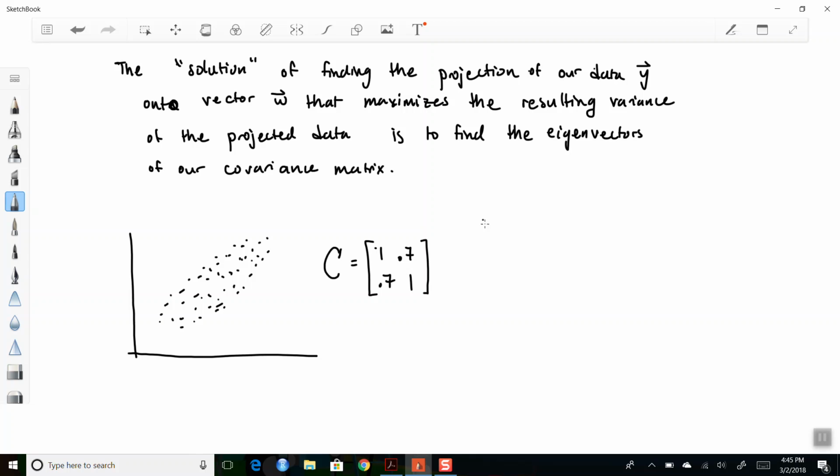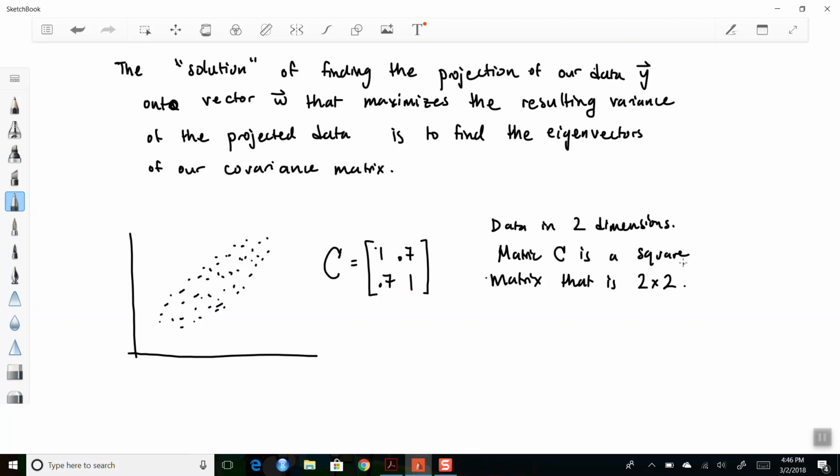Okay, and so here we have data in 2 dimensions. Our matrix C is a square matrix that is 2 by 2.